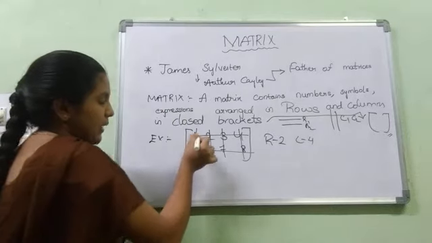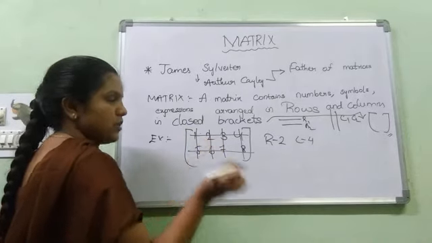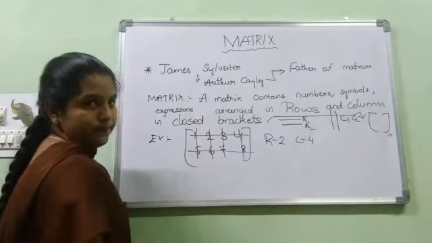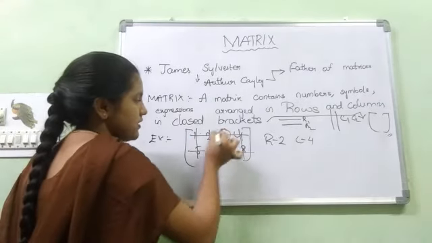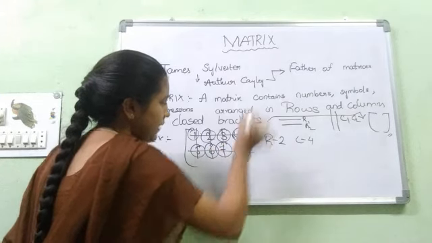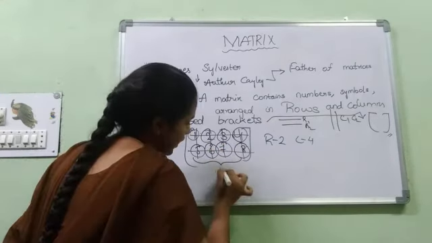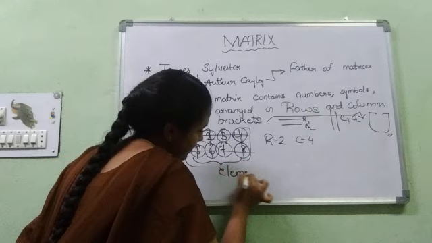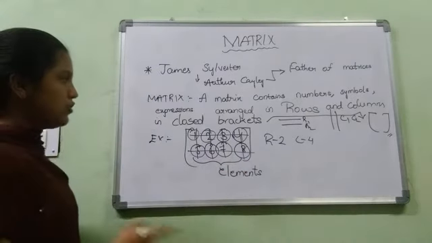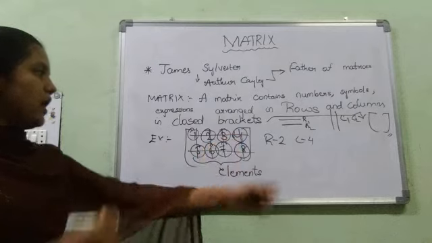The numbers or expressions or symbols or variables which are present in the closed brackets are called elements. I think you have understood what are elements, what are rows, and what are columns.